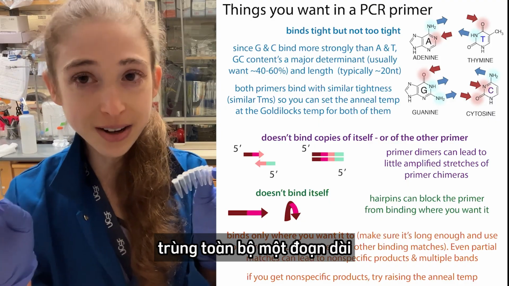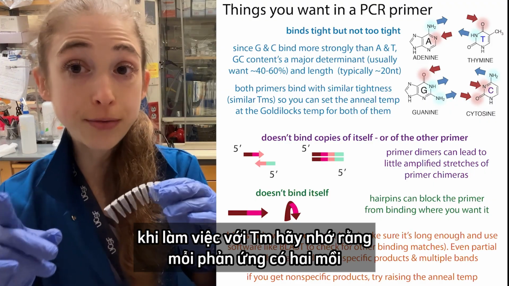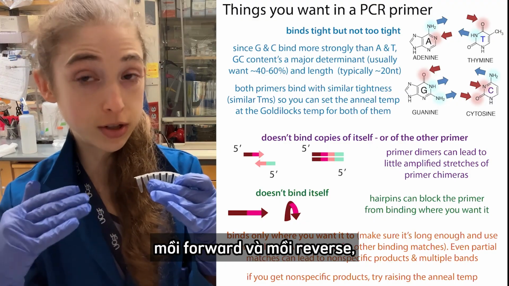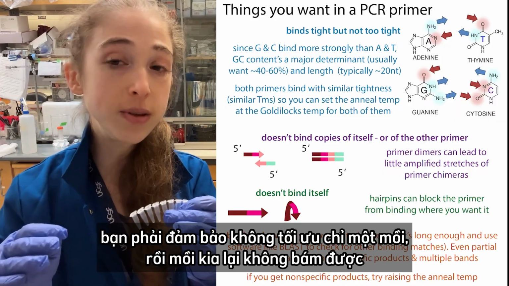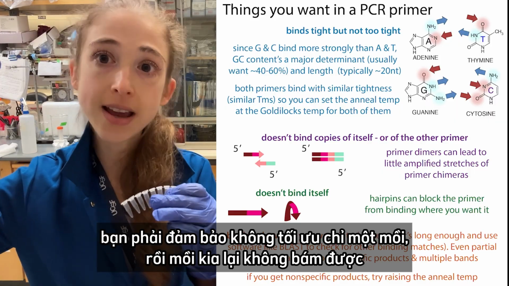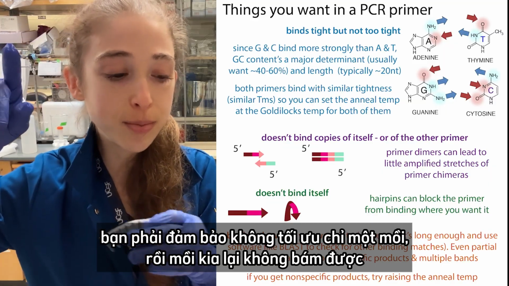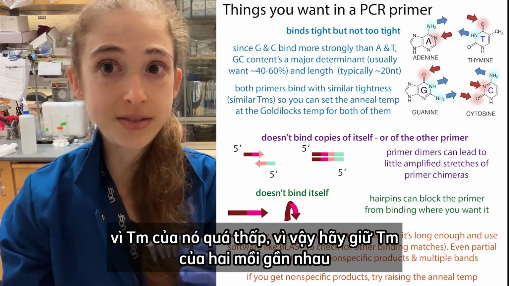When you're dealing with the TM, though, you need to remember that for each reaction you're going to have two primers, your forward primer and your reverse primer, and each of those is going to have a TM. In order to increase the TM, you need to make sure that you're not optimizing for one primer, but then the other primer is not going to be able to bind because it doesn't have a high enough TM.